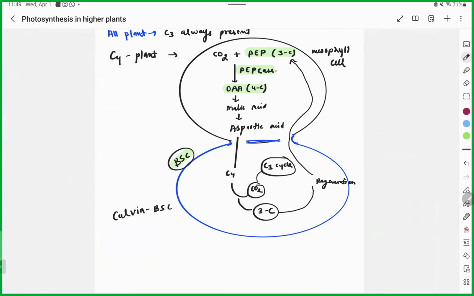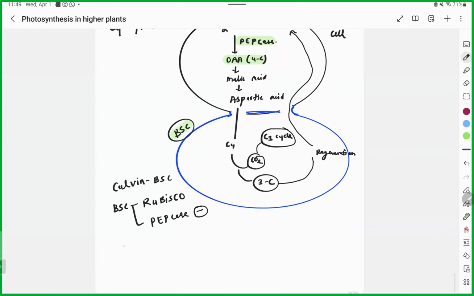Bundle sheath cells have Rubisco because the Calvin cycle occurs there, correct? But in the bundle sheath cell, PEP case is absent. In the mesophyll cell in C4 plants, PEP case is present, but Rubisco is absent.